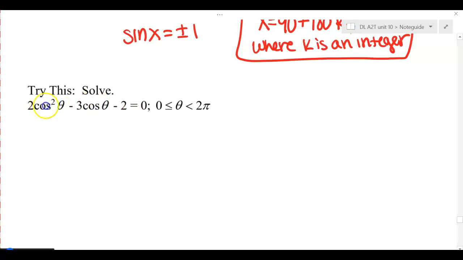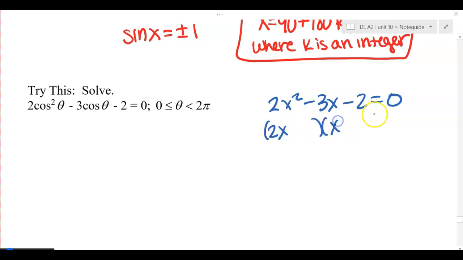So remember, what you have here is like having 2x squared minus 3x minus 2 equals 0. If you were factoring this, let's set it up. Here's what I would get. That applies here as well. It's just that instead of 2x, it's 2 cosine theta plus 1.